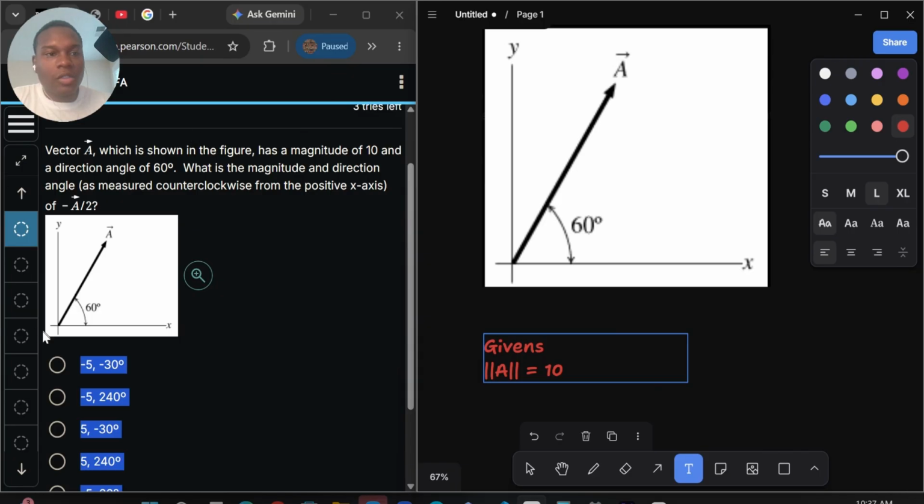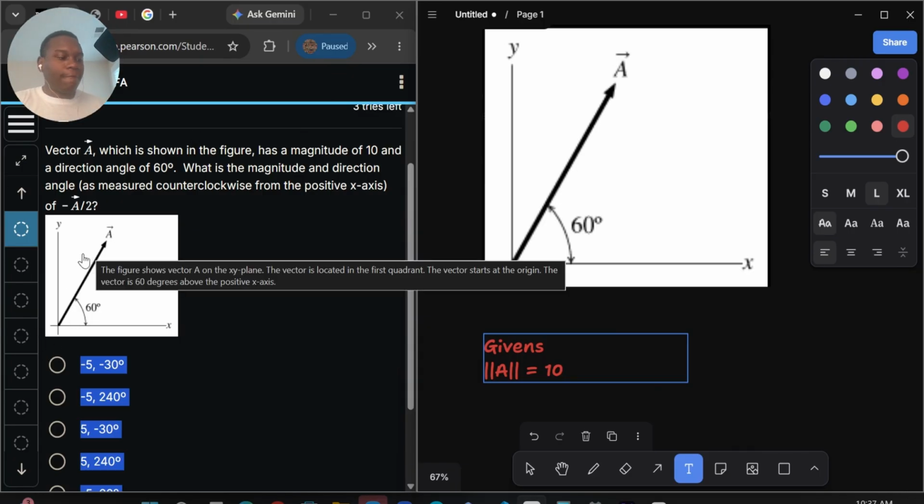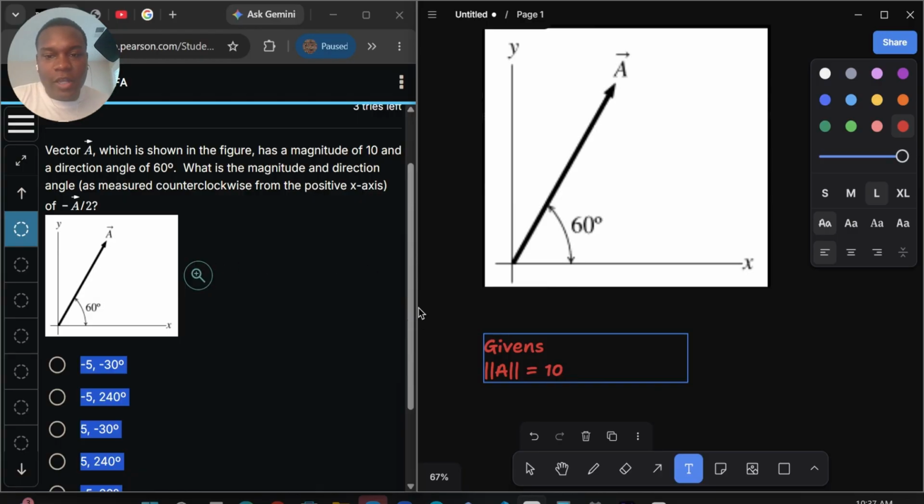And a magnitude is just the length of a vector, a scalar length, and a direction angle of 60 degrees.